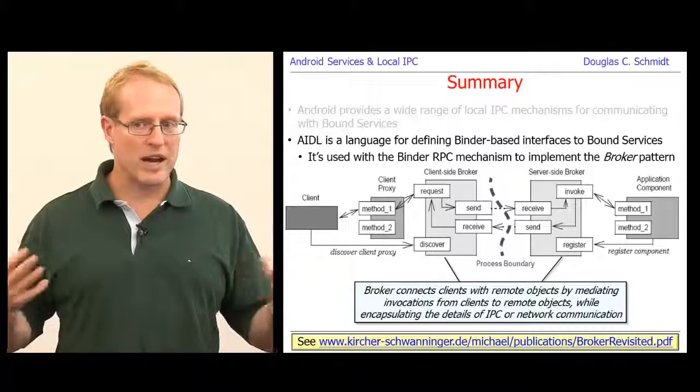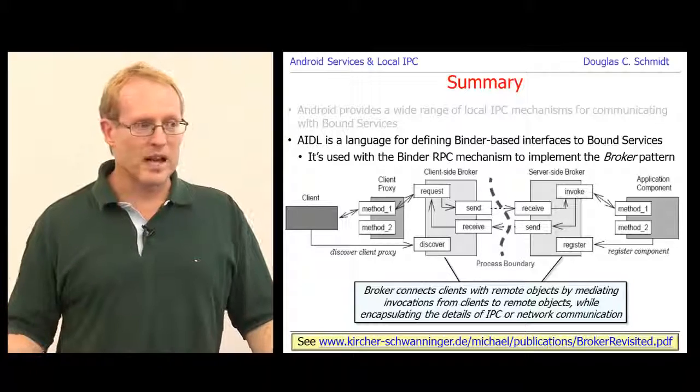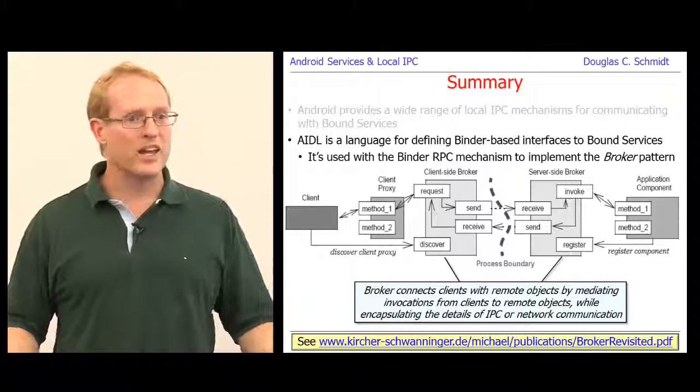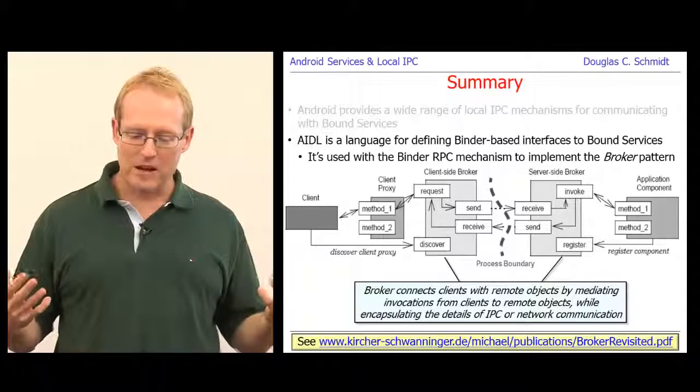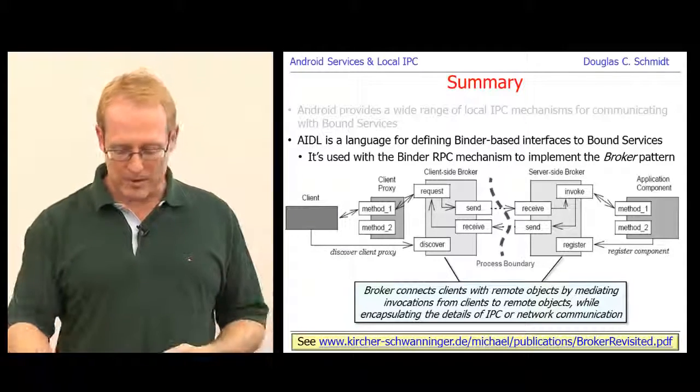All those things are handled by the broker. And so the underlying binder RPC mechanism, coupled with AIDL and the stubs and proxies that are generated by the AIDL compiler, allows us to implement the broker pattern.